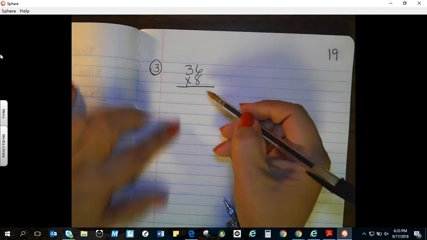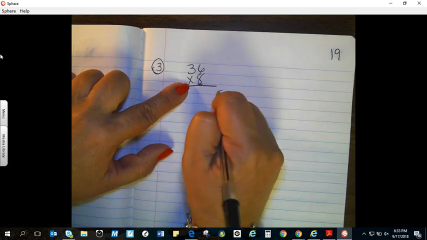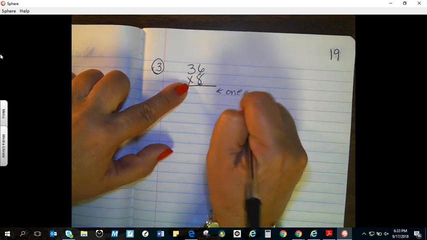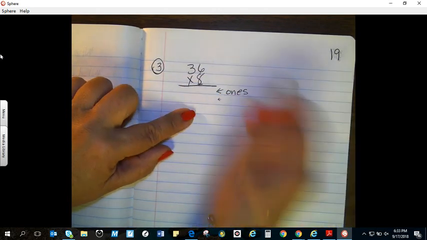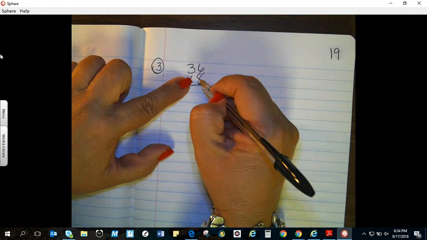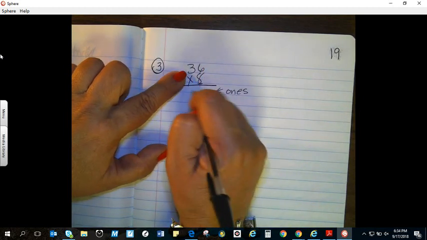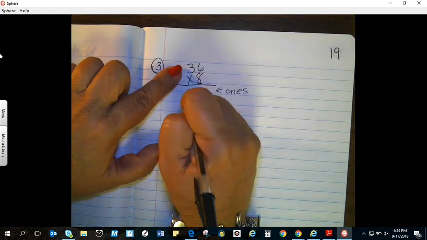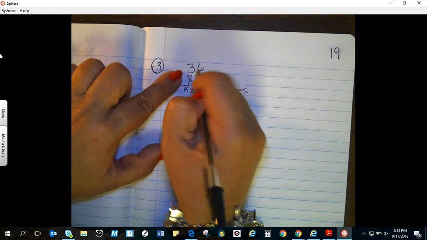Now look at what I'm going to do. This is the ones place, and so my first digit that I put here is the ones. And there's nothing in my tens. So my second line would be tens, but I have no tens. So here I have 8 times 6, and this is 8 times, now look at this.